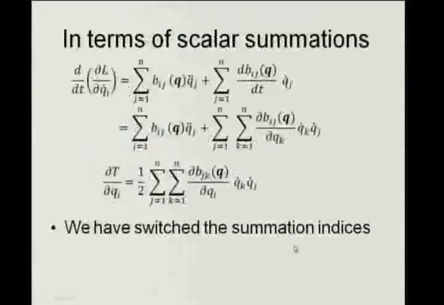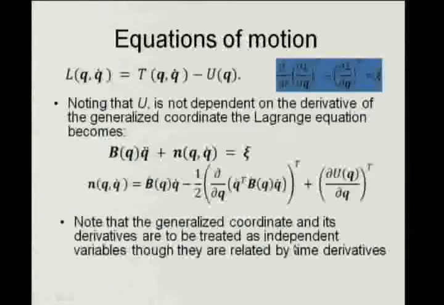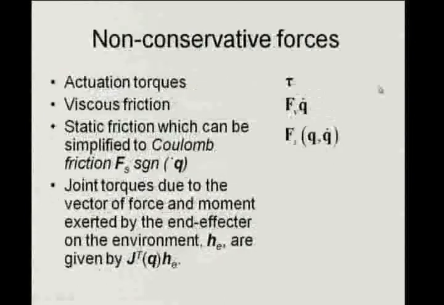So what I have not talked about so far is, when I looked at this equation, I had this zeta sitting on the side, and I looked at the left hand side, I did not look at zeta. So this is the non-conservative forces.